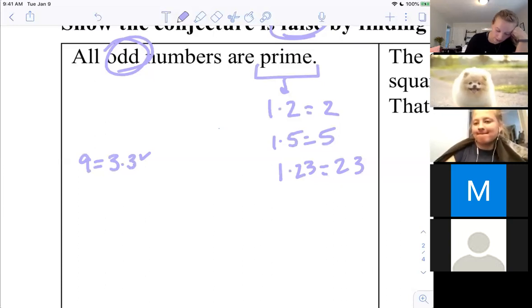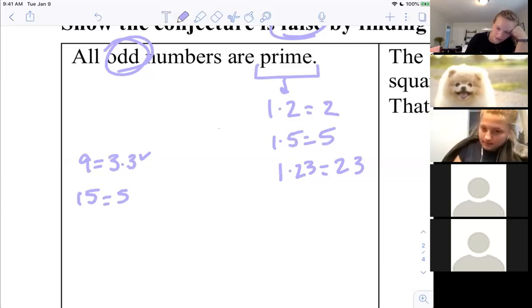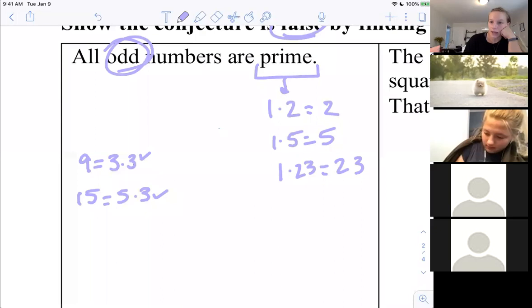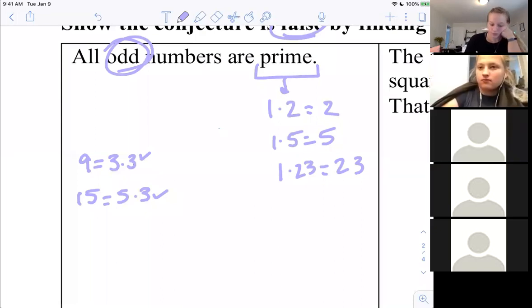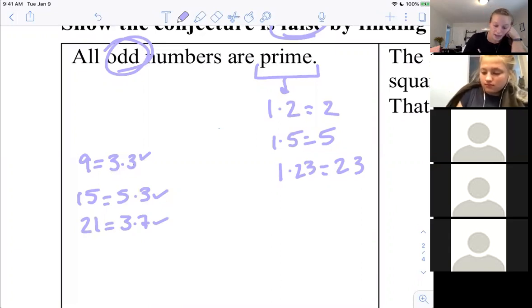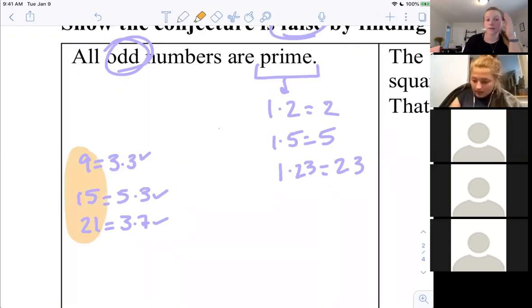15 works. That's 5 times 3. Any other examples? 21, very good. 3 times 7. We could do this all day, right? There's a ton of examples we could come up with. Every single one that you guys listed is a great counterexample. Once I listed any one of those, I'm done.